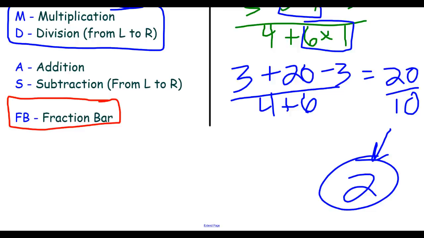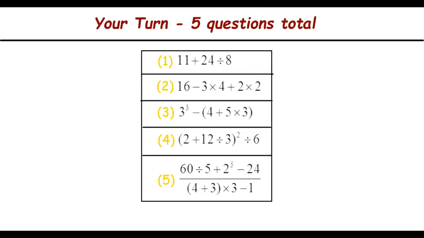Now, this is going to be a unique video lesson compared to others we've done so far. I'm going to leave these problems here so that you can go ahead and take a look at them, and then it will be your turn to practice by simplifying each of those 5 expressions that we have here. We're not going to actually go through the answers in the video. If you're confused by the parts of the order of operations, I encourage you to go back and look at the video again.